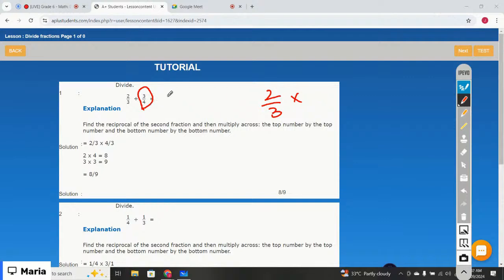Reciprocal means you need to interchange the numerator and denominator, right? So when you interchange, you simply do numerator times numerator, that is 4 times 2 is 8, and denominator times denominator, that is 3 times 3 is 9. So the correct option is 8 over 9. Got it? The correct option is 8 over 9.